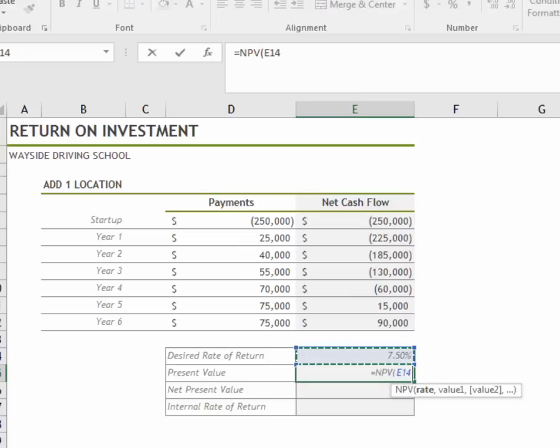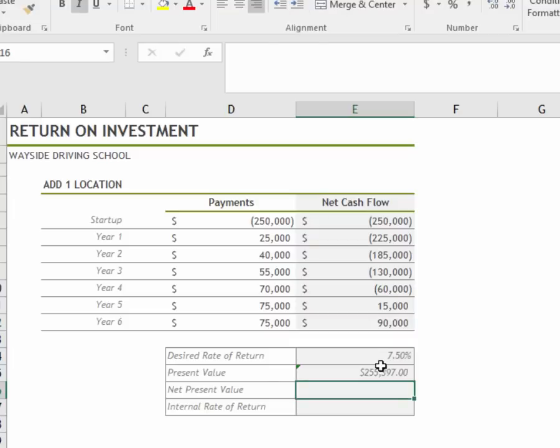We're dealing with yearly things, and so we'll just click on 7.5% per year. We don't have to change it, comma, and then it says, well, what are your series of payments over the time period? And so we will just select D7 through D12, hit enter, and so basically there's the present value of that series of payments.